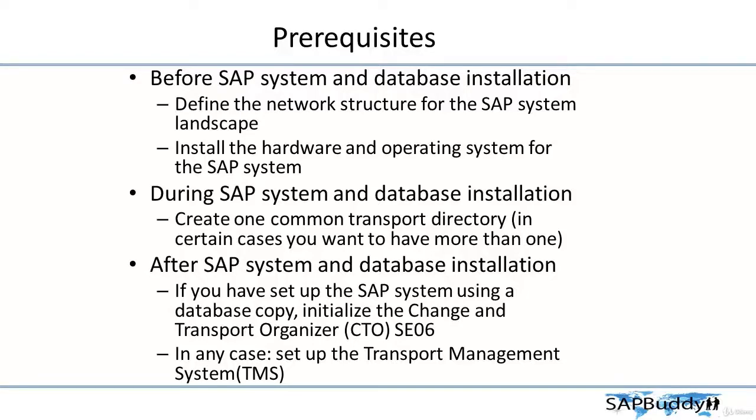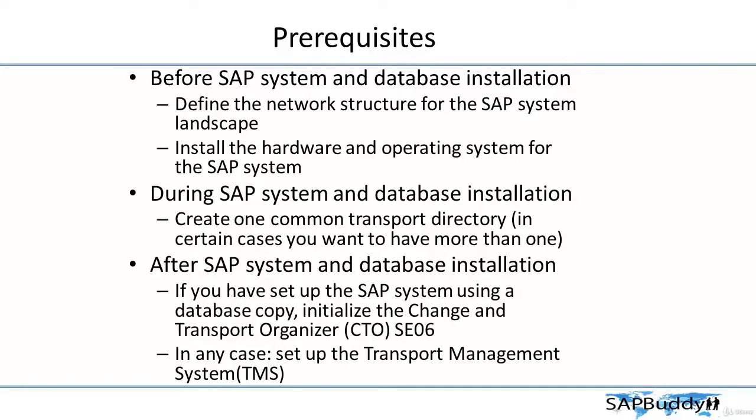So the configuration of STMS can be different from one landscape to another landscape, or you are making a copy of the system and creating another system name, then the existing transport management or existing TMS will be different.